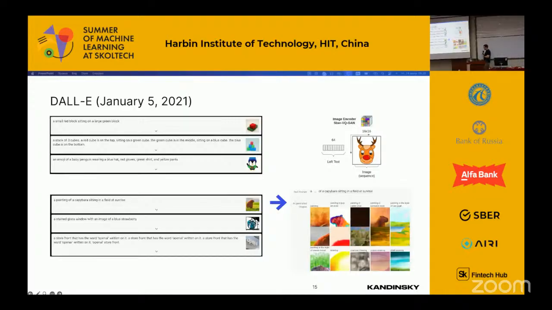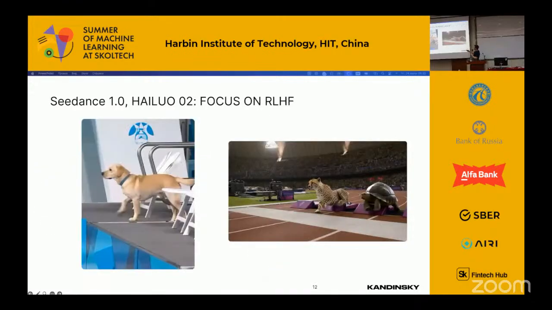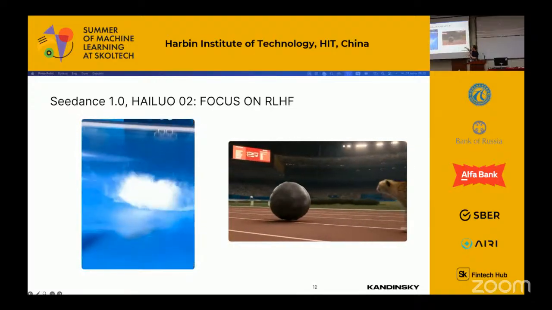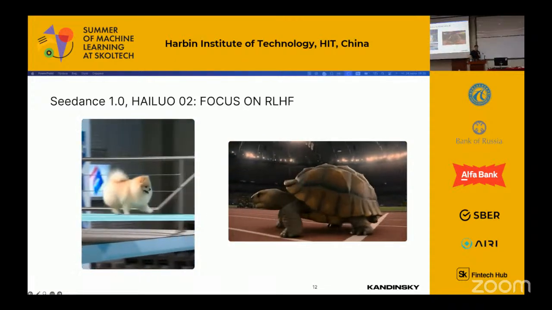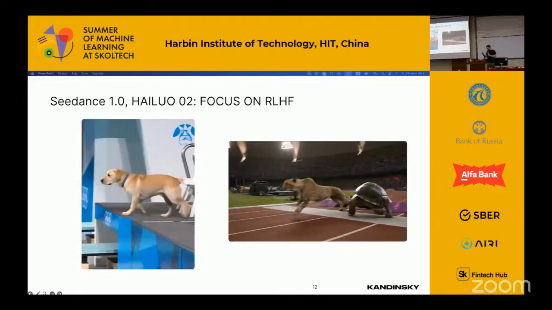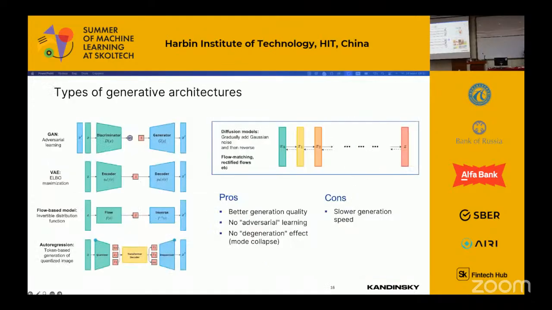Now we look at the generations and try to find some artifact that doesn't coincide with our expectations. It's a huge progress during 4 years, and the progress is increasing, as I told, on the video arena benchmark, for example. Okay.